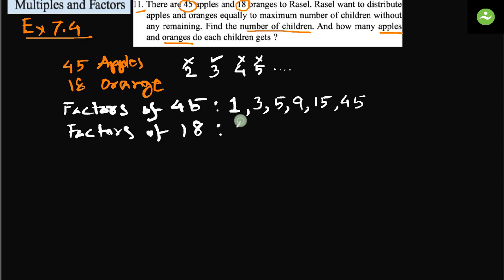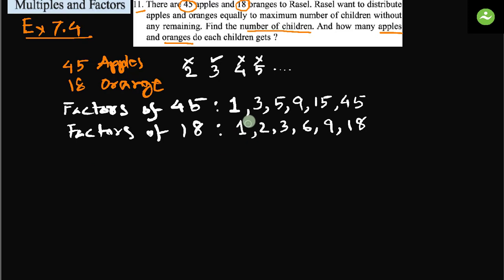Factors of 18: 1, yes, 2, yes, 2 divides 18 without any remainder, 3, yes, 4 not, 5 not, 6 yes, 7 not, 8 not, 9 yes, 10, 11, 12 not, and then again 18.